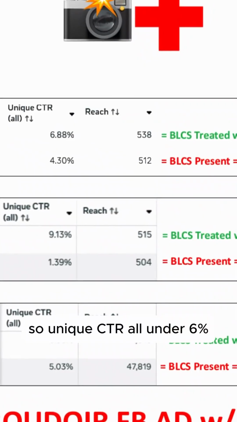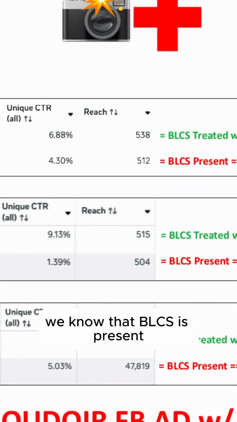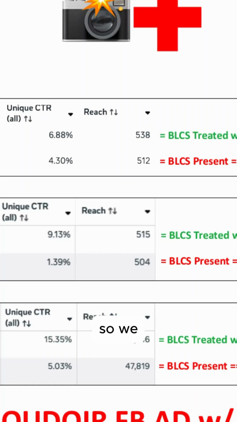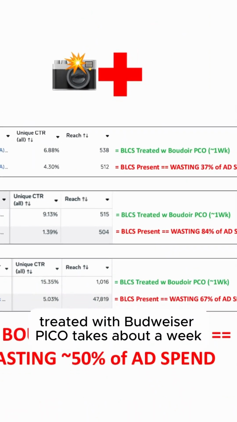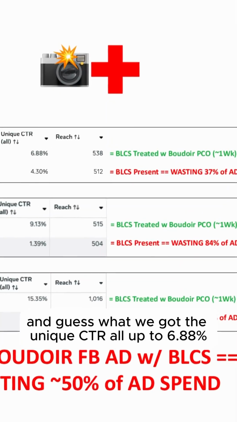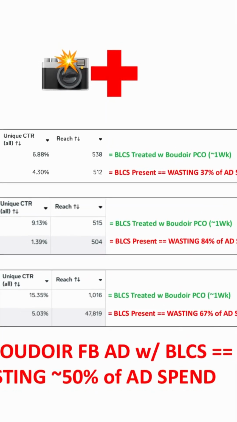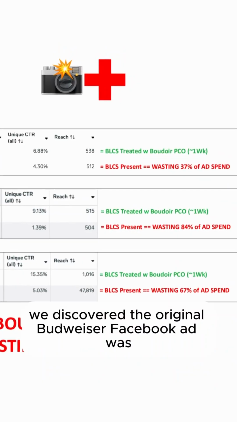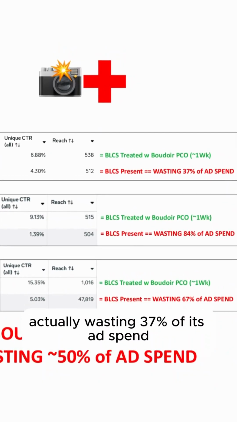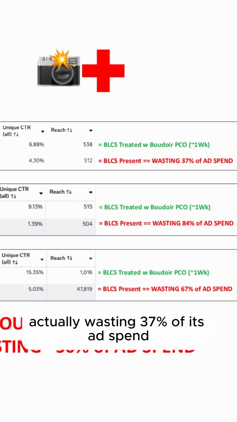So unique CTR all under 6%. We know that BLCS is present, aka Boudoir low click syndrome. So we treated it with Boudoir Pico. Takes about a week. And guess what? We got the unique CTR all up to 6.88%. So we discovered the original Boudoir Facebook ad was actually wasting 37% of the ad spend of what it could have been achieving.